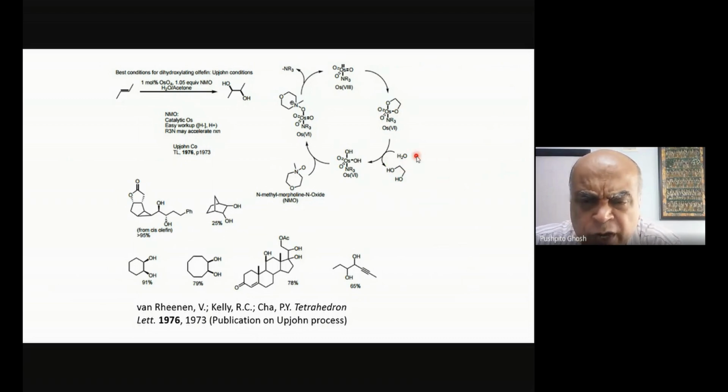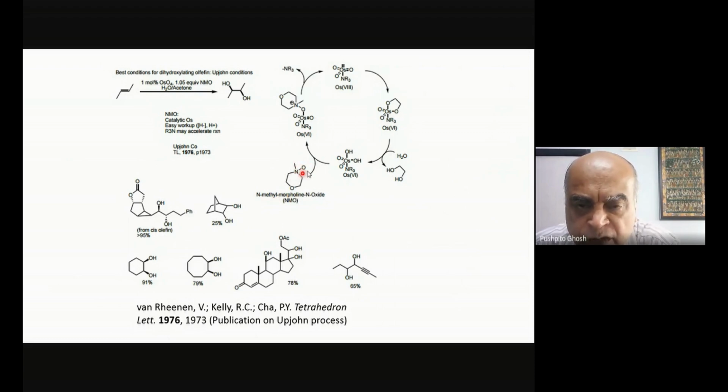Upjohn were not working on any asymmetric synthesis, and this was long before Sharpless started working on it. So this work was very well known long before, and then what they did, recognizing that osmium is in short supply, was to take an oxidizing agent, and over here they took morpholine, this morpholine with an N oxide.